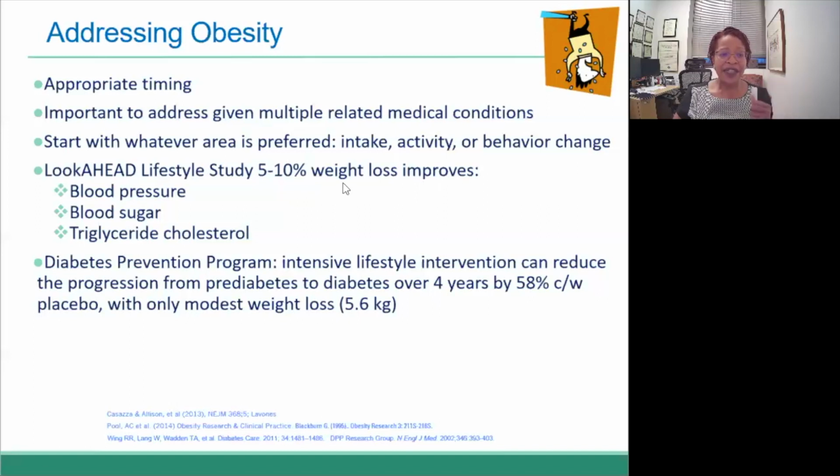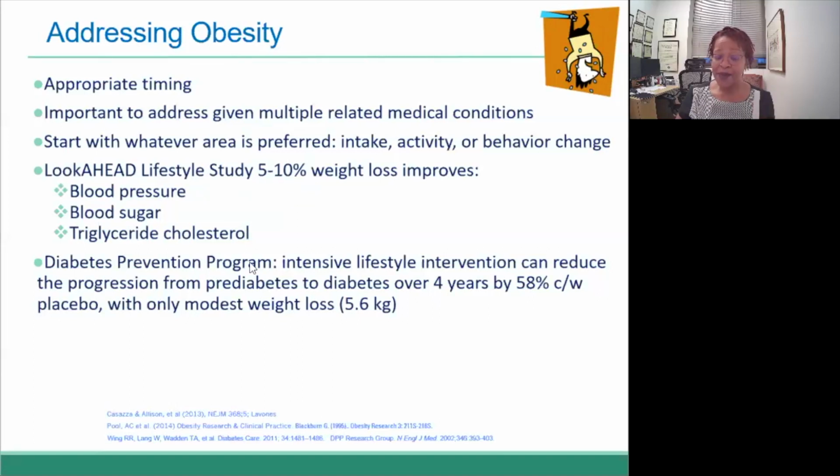And I just like to point out that very small amounts of weight loss can actually have a pronounced effect. The Look AHEAD lifestyle trial was a lifestyle intervention where patients lost just 5 to 10% of their body weight. What they saw was significant improvements in blood pressure, blood sugar, as well as cholesterol levels.